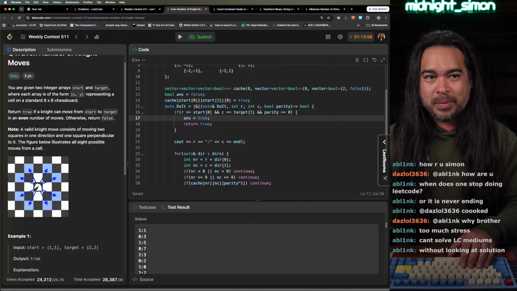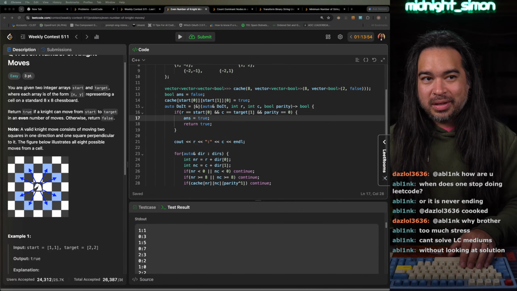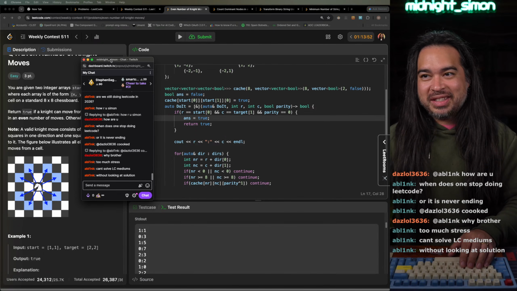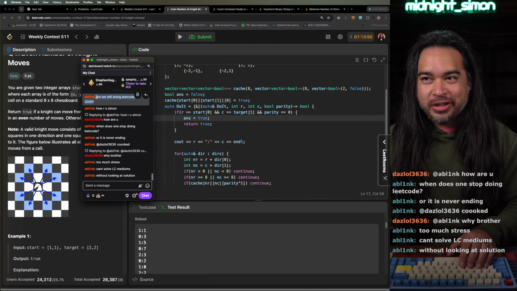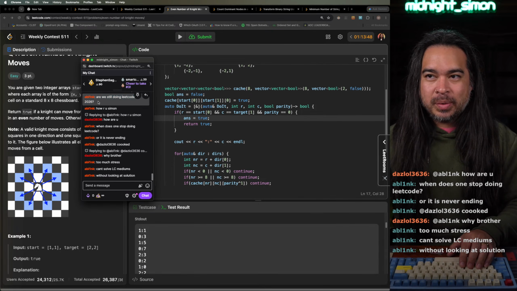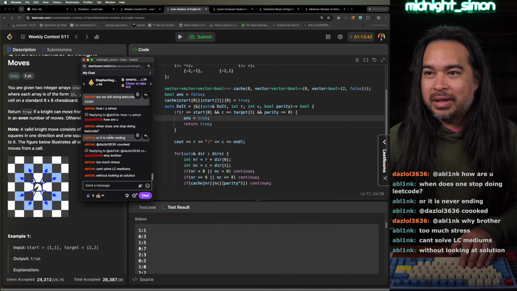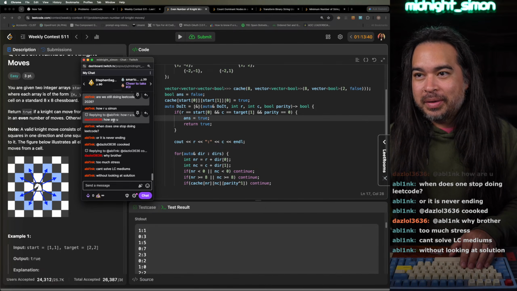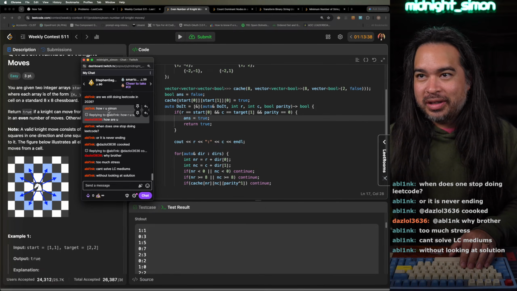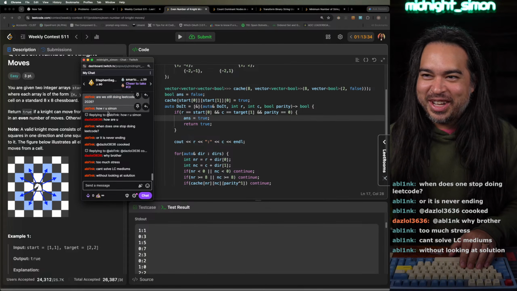When does one stop doing LeetCode? Yeah, who knows, man. I'd say you stop doing LeetCode if you don't want to become a software engineer at a big tech company anymore. Or if you don't want to be a, I don't know when you stop, man.